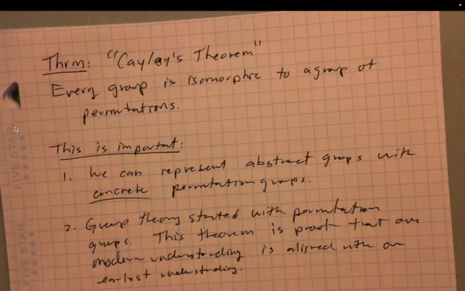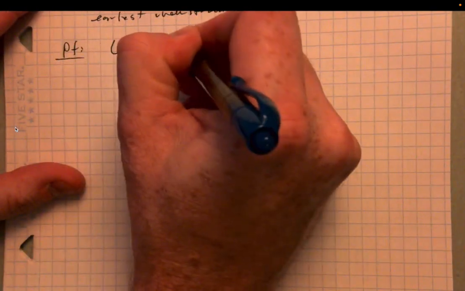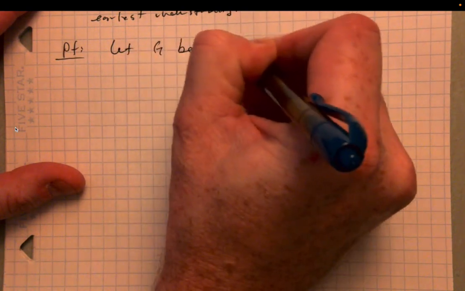Because it's such a big theorem, we're going to spend a minute on proving it. It's not too long of a proof, a little bit though. But I think it's one worth proving, and it's within our grasp. So let's prove this. Okay, so we're going to let G be any group, obviously, right? Remember, the theorem says that every group is isomorphic to a group of permutations.